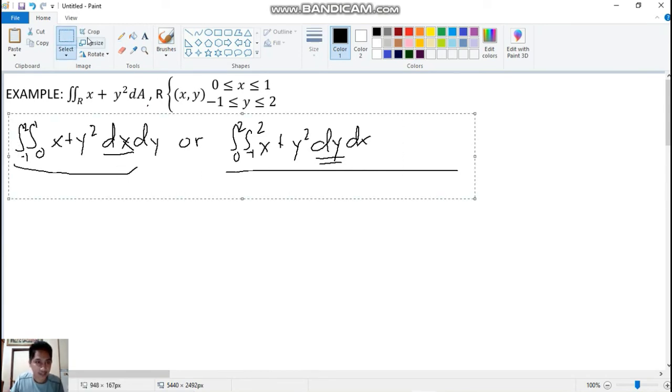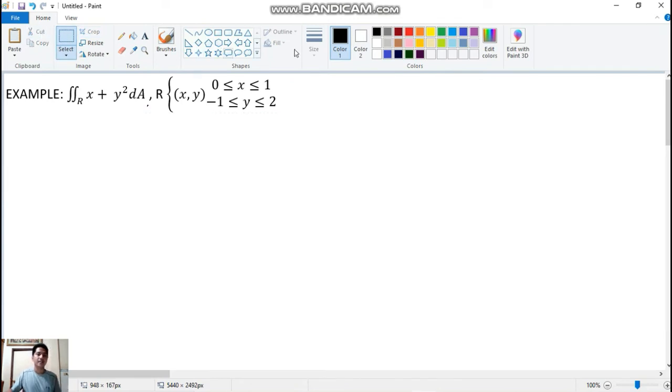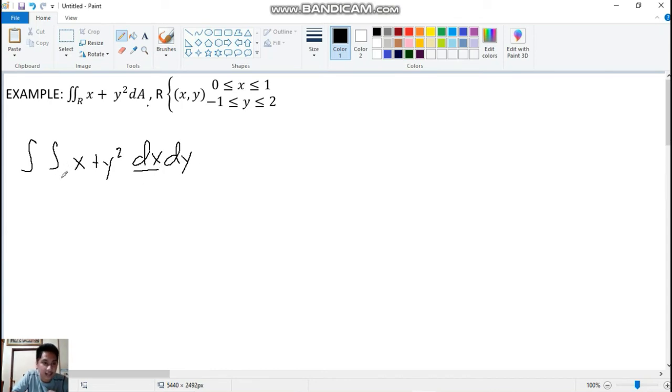So we start with dx first and rewrite the equation as the double integral of x plus y squared dx dy, where the limits of x, 0 and 1, go on the inner integral, and negative 1 and 2 on the outer.